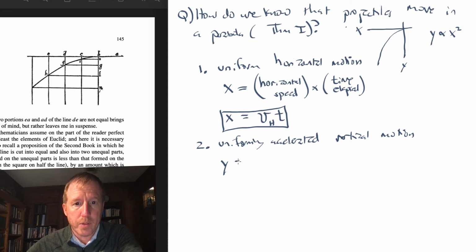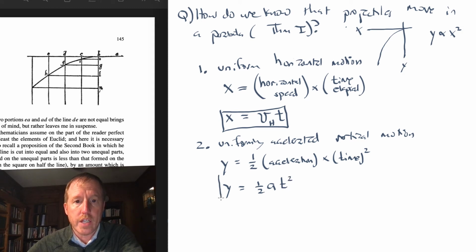In particular, we derived the relation that y equals 1/2 the acceleration in the y direction multiplied by the square of the time. Or if we wanted to write this succinctly, y equals 1/2 at squared. So that is the distance that it falls as a function of time.